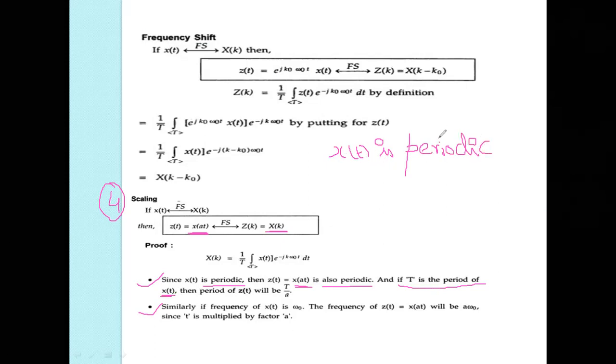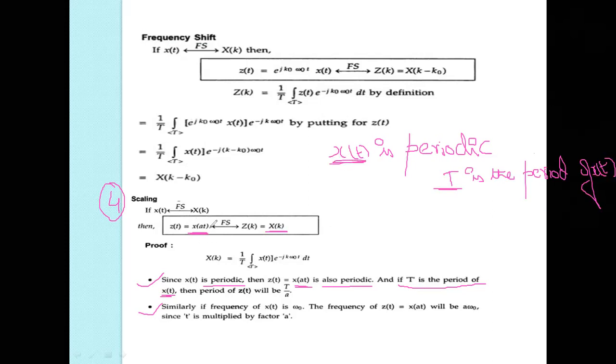When x of t is periodic, the capital T is the period of x of t signal. Understood, my dear students? Because x of t has period T.